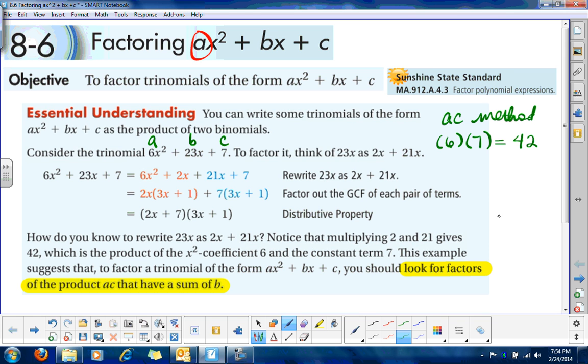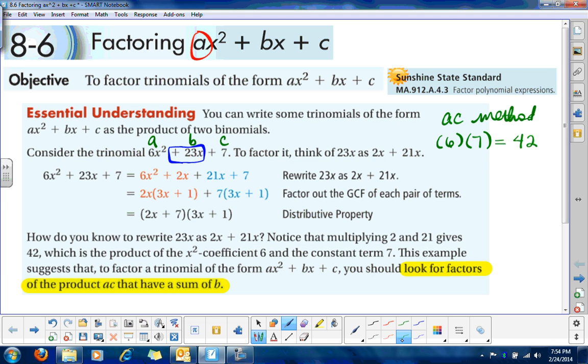Okay? Then we're going to figure out what factors of 42 we can use to rewrite this middle term as two terms. So we're just going to separate that 23x into two terms.